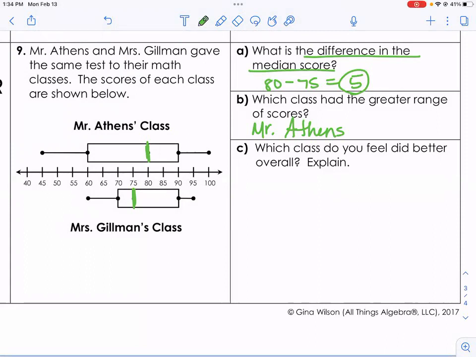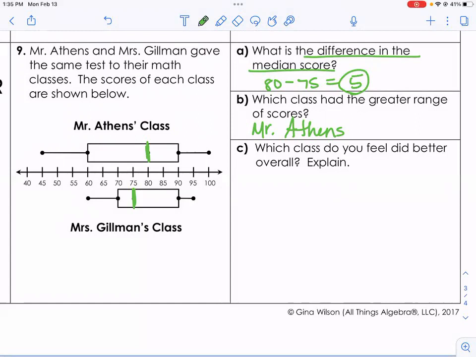Yeah, but he also has some with a 45. So you could say, well, Mrs. Gilman, everybody passed, nobody failed. Oh, I just took your words. I'm so sorry. I'm glad we had the same thought. So there could be a couple different ways that you interpret this.